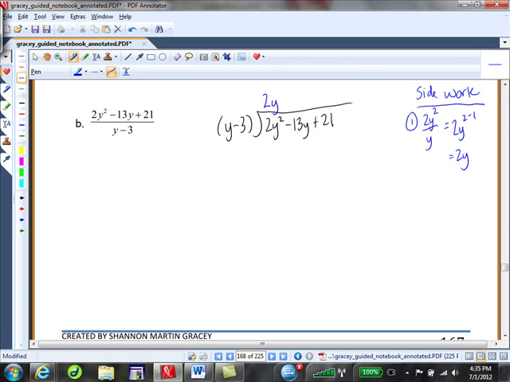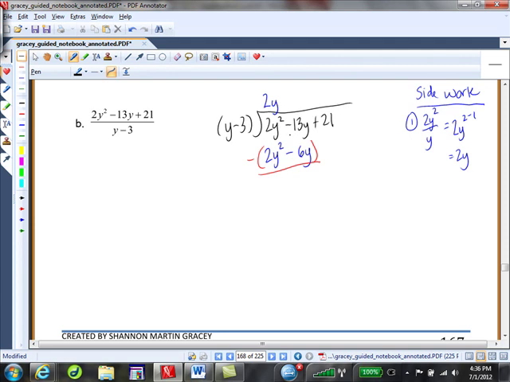Okay, now we have to distribute this 2y through this y minus 3. So we'll get 2y squared minus 6y, and we need to subtract that binomial. So the first term zeroes out, which was our whole evil plan. We want that to happen.